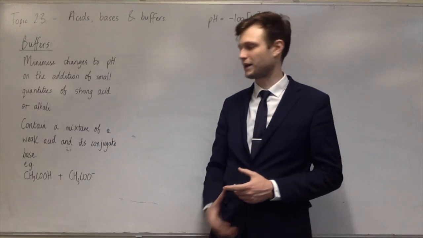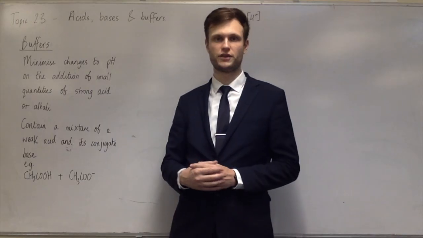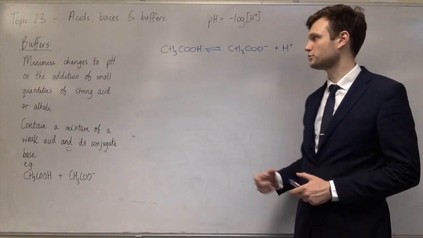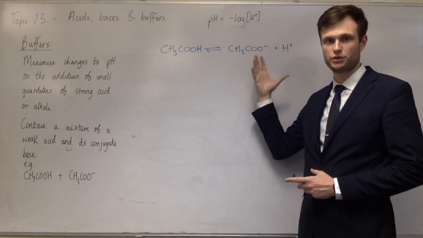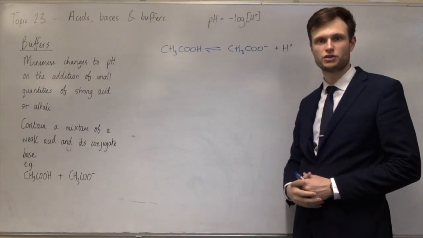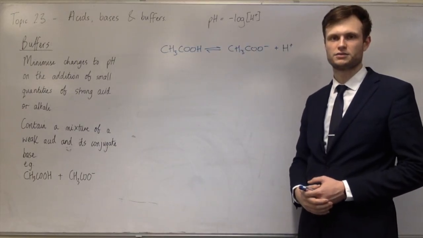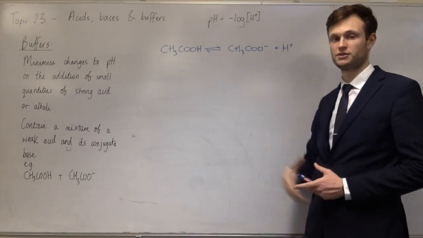And you need to be able to explain how this mixture minimises pH changes on the addition of small amounts of strong acid or strong alkali. And to do that, we need this equilibrium reaction. This is the equilibrium reaction we use to write the acid dissociation constant, because it's just the acid dissociation of ethanoic acid. And you can see that this is the acid, and this is the conjugate base.